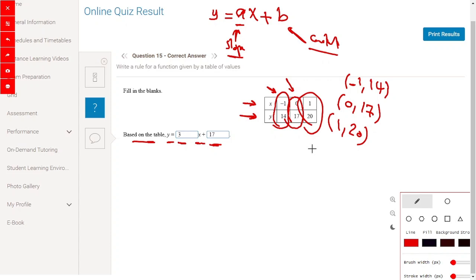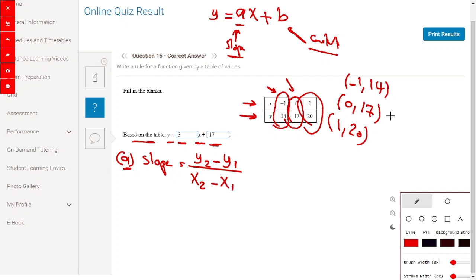So now to get the slope, which is a, it's a division between the y coordinate of point 2 minus the y coordinate of point 1, divided by the x coordinate of point 2 minus the x coordinate of point 1. So let's take any 2 points.